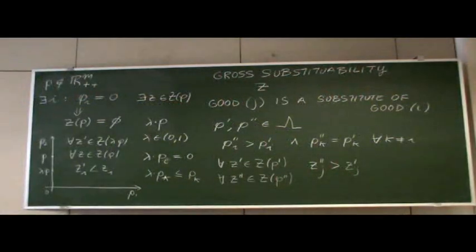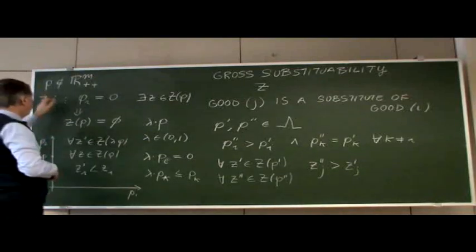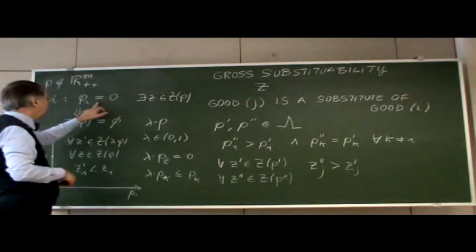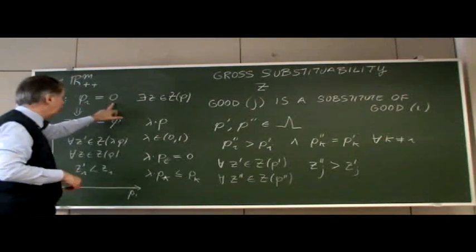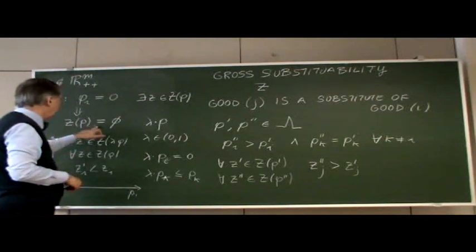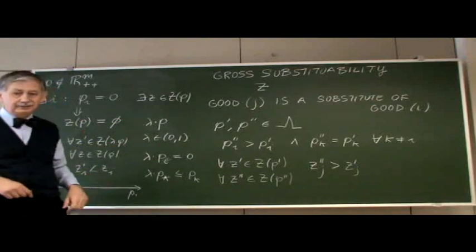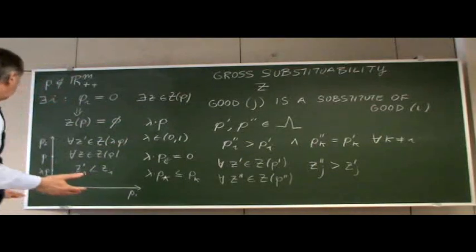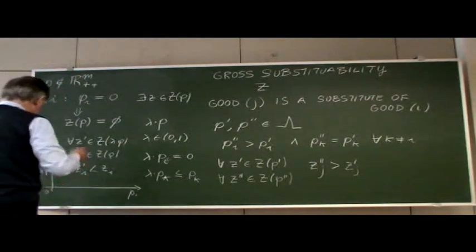Let us repeat the proof. The theorem tells us that if you consider a price system with at least one null component, then there are no excess demand vectors. The set Z of P must be empty.